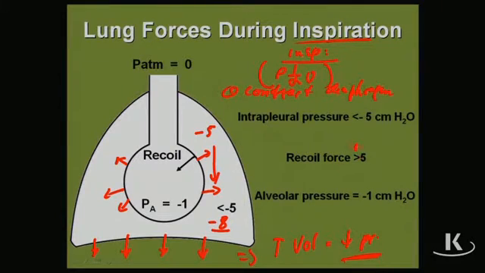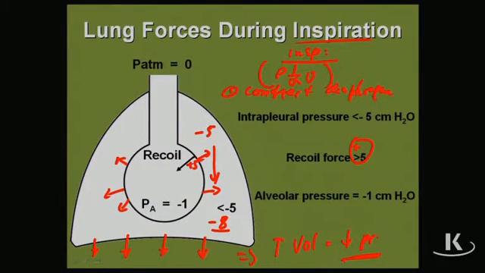Now, as the lung expands, what happens to the recoil force? We said that the recoil force in the beginning was +5. Like blowing the balloon, as it expands, what will happen to the tension in the wall of the balloon and the lung as it expands? The recoil force will now go to about +8.